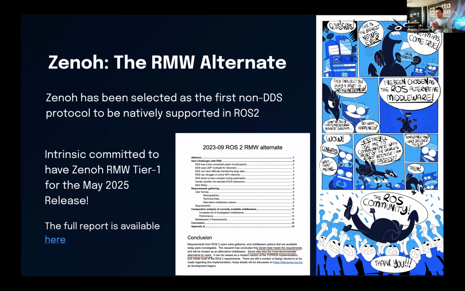Or you can look at this report from Open Robotics and Intrinsic, where they collect all the challenges of DDS users, collect the requirements for current and next generation robotics, and then do an assessment of the various protocols on the market. And the result was that Zenoh came out on top. As a consequence, it was decided to do a Zenoh RMW, and the Zenoh RMW will be Tier 1 with Kilted Kaiju, which is coming out, I think, Thursday or Friday, the 23rd.